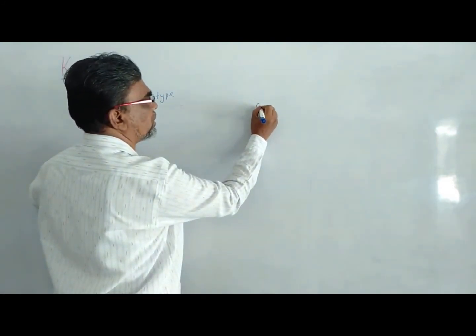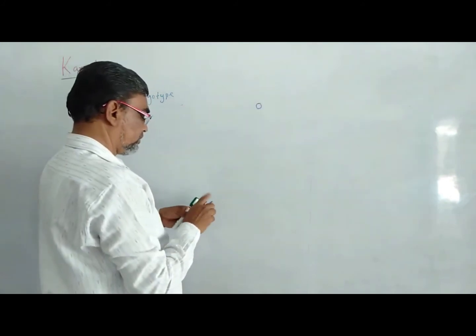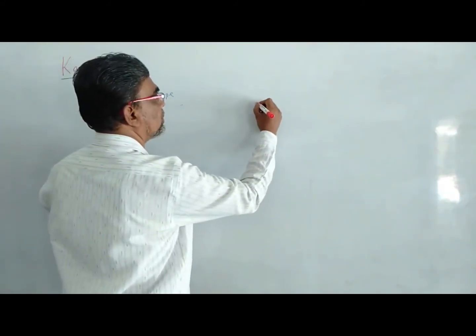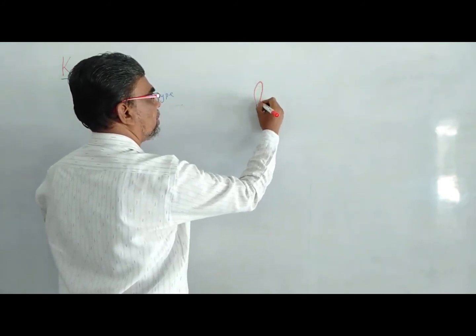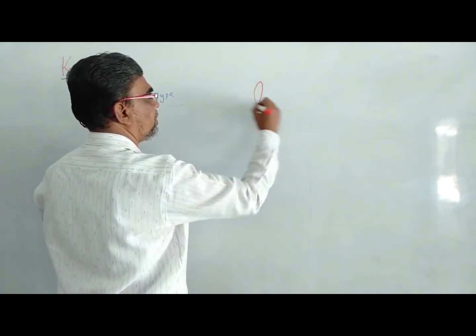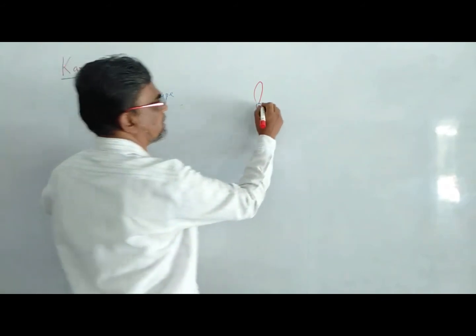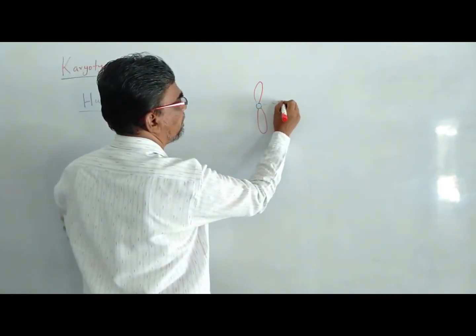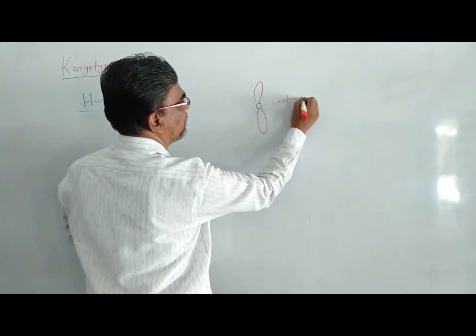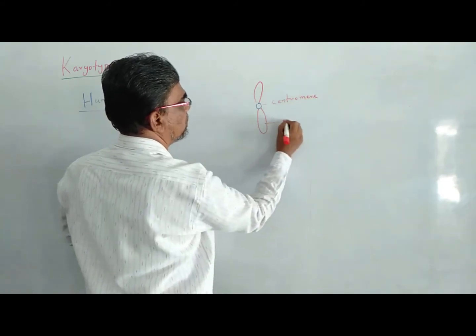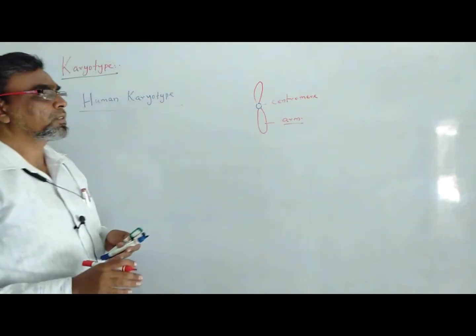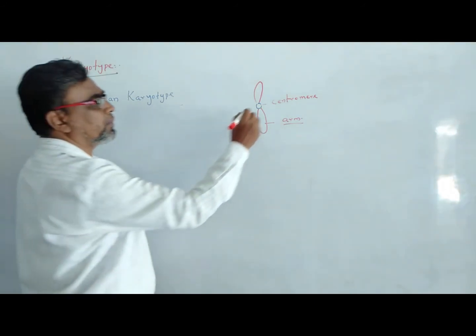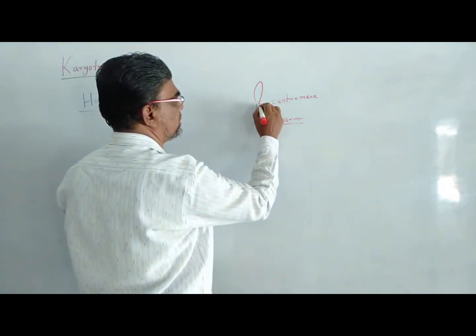So this is the basic structure of a chromosome. This is the centromere, and these are the arms. Okay, this is the basic structure. The centromere is present in the center, so this region is called the centromere.